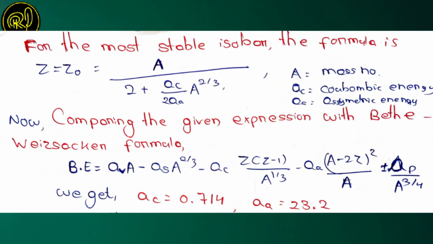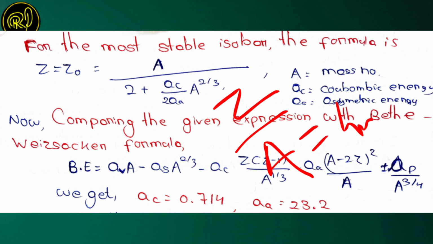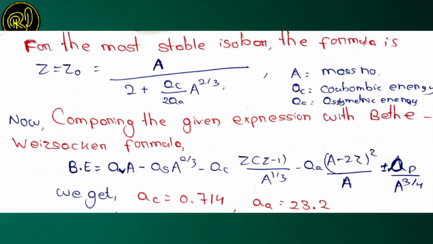Now for the most stable isobar, the direct formula is given. In the question we were asked to find Z by A. So A is known, unknown is Z. We will find Z by using this direct formula. If you are given the mass number A, say A equals 64, then for 64 which Z is most preferred, which Z is most stable?